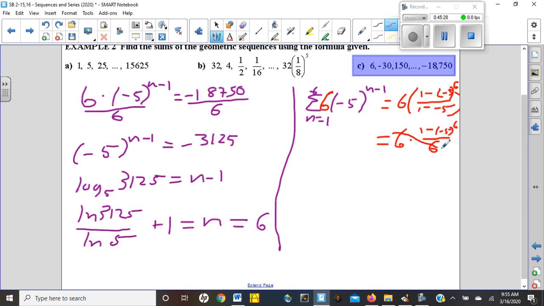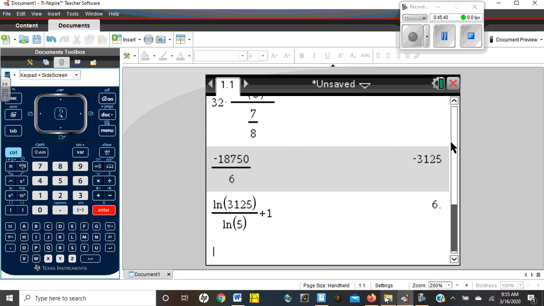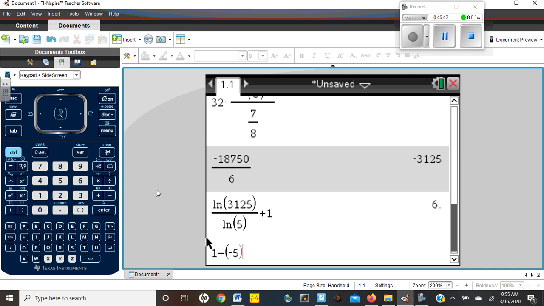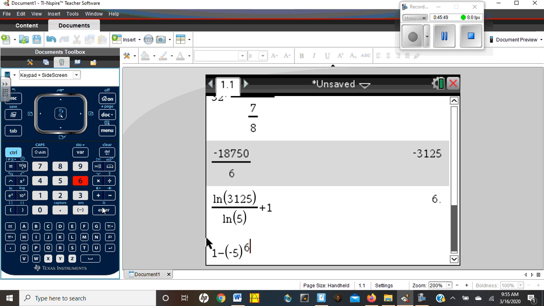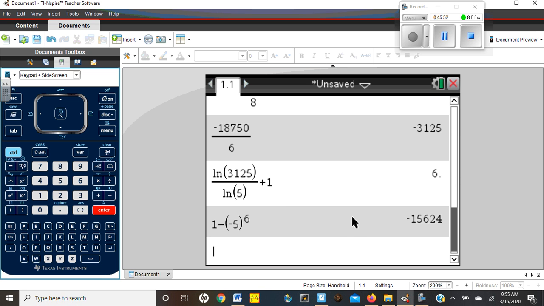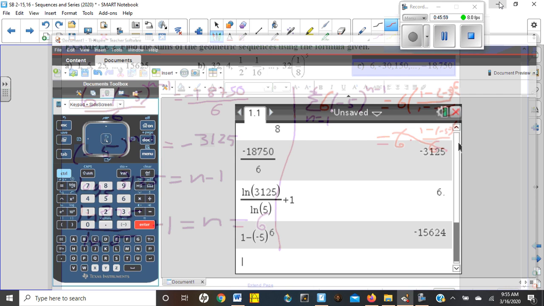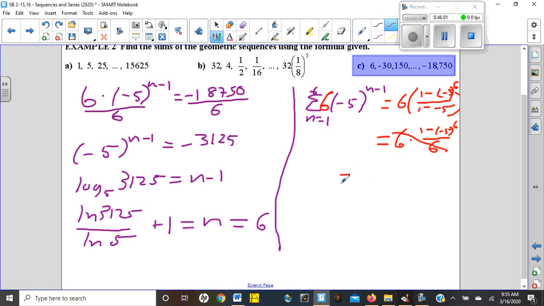And I bet those 6's cancel. And that's going to leave us with just 1 minus negative 5 raised to the 6th power, which looks like it is a negative 15,624. So that's how we would finish this one off.